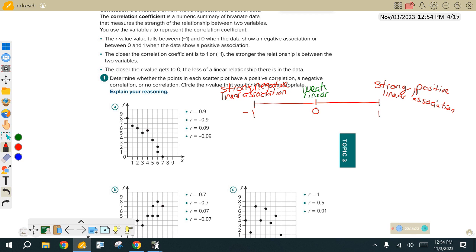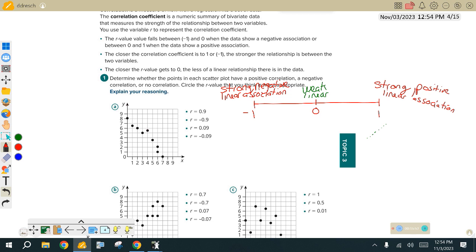Now usually what the graph looks like, let's draw a picture of the graph below. And we're going to do some work on Monday. It's Friday, but we're going to do some work on Monday. So what do I mean by a strong positive linear association? Your graph is going to look like this. You're going to have a lot of points that are all in a line. That's exactly what it's going to look like. Does that look linear? Sure does.